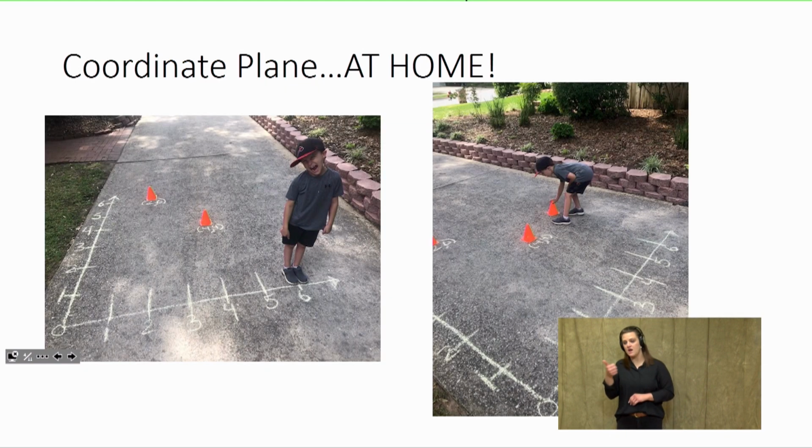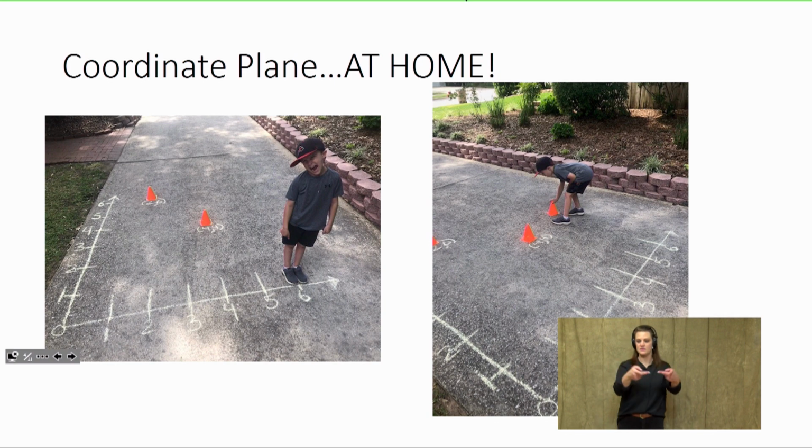Another thing that we did is we made it even larger. Again, I just used chalk, and we have these little cones that they like to use when they ride their bikes, but you can use anything. You could use rocks, you could use flowers, you could use matchbox cars. And what we did was we labeled the origin, we labeled the x-axis, we labeled the y-axis, and then I put the cones in different places.